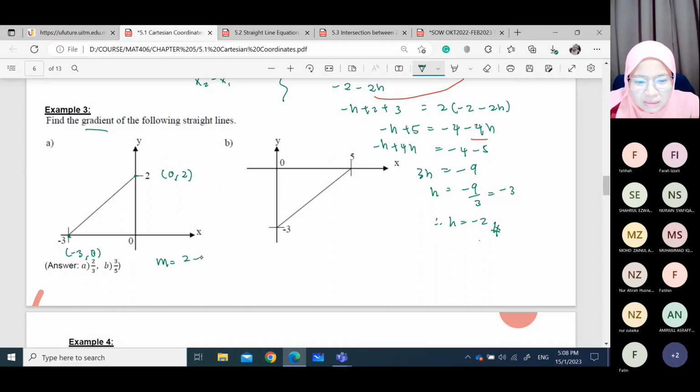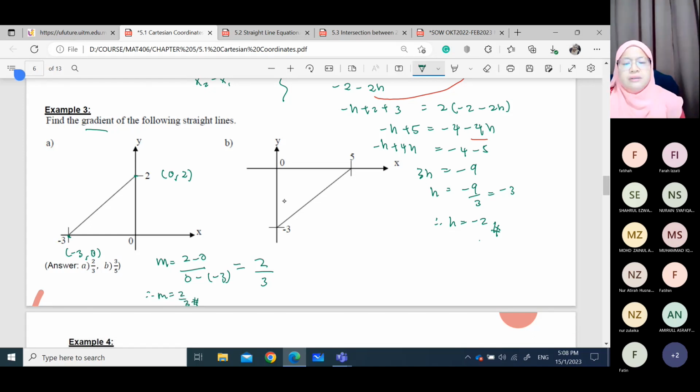So m is 2 minus 0 over 0 minus -3. Here we have m is positive 2 over 3. Therefore, the gradient for this line is 2 over 3.